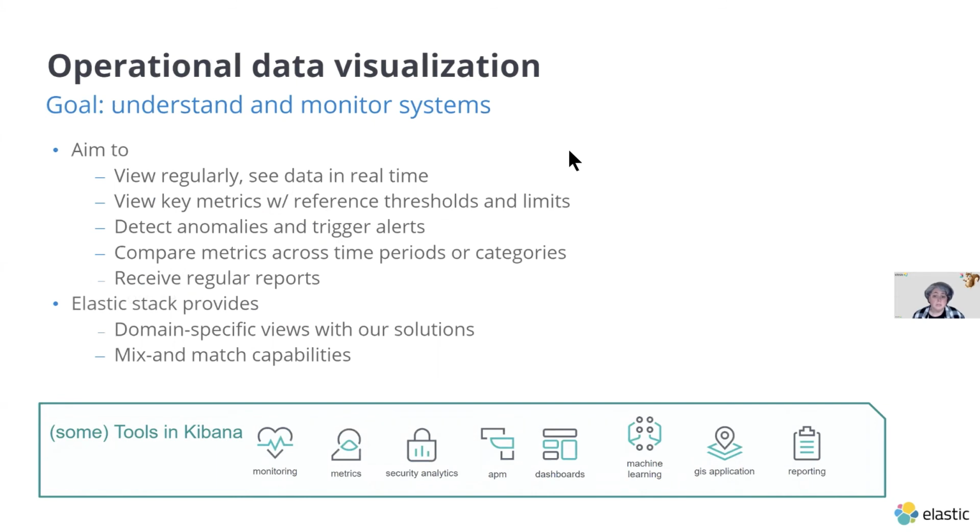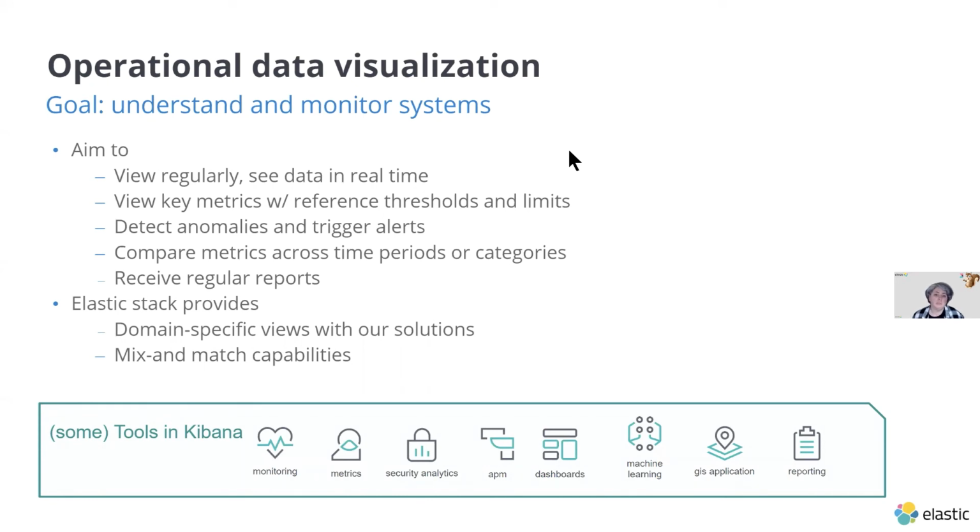And then finally, for operational data visualization, your goal here is to understand and monitor a system. You need to make sure that your data is as near real time as possible. You're going to be looking at it all the time and you want it to update. You want to be able to compare whatever is happening in the system with reference thresholds, metrics, data from previous time periods.